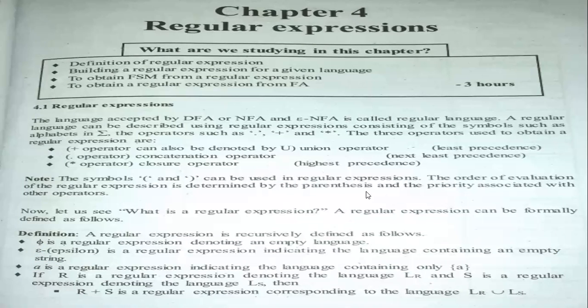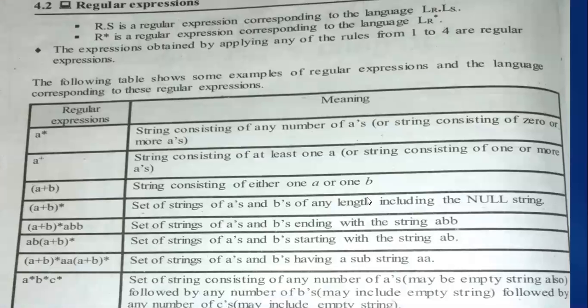Two more points we have: one regarding concatenation and one regarding closure. RS is a regular expression corresponding to the language LR concatenated with LS. If you want to perform a concatenation of language LR with LS, then R dot S is the regular expression for the concatenation operator.